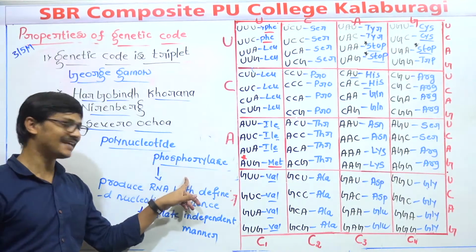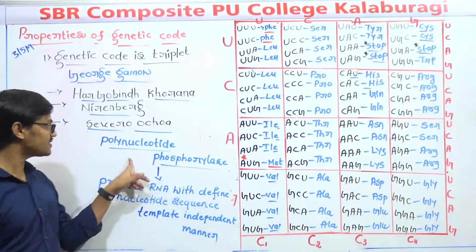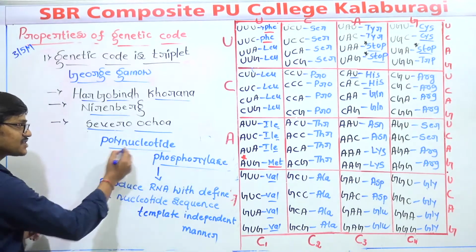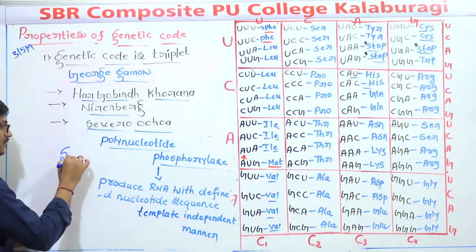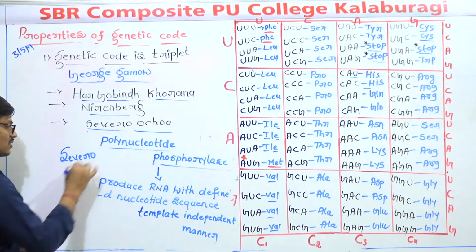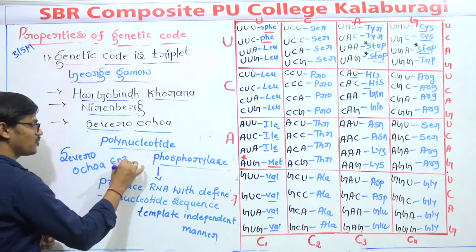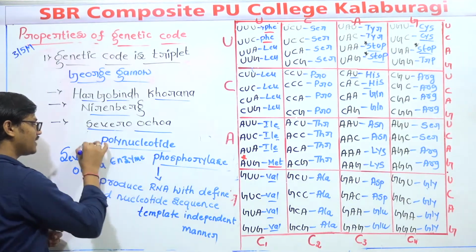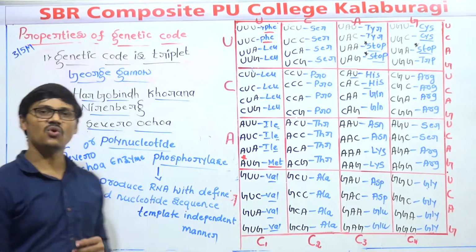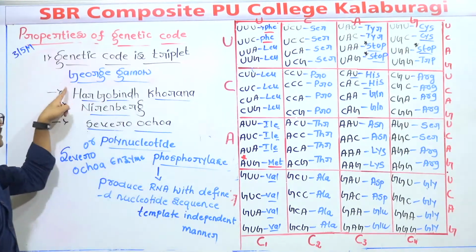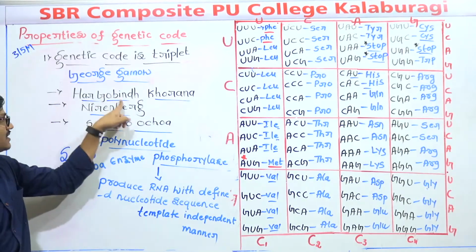Polynucleotide phosphorylase, and it was discovered by Severo. Hence, this enzyme is also called the Severo enzyme. You can call this polynucleotide phosphorylase, or you can call it the Severo enzyme.